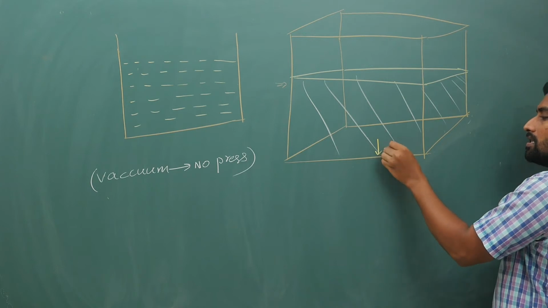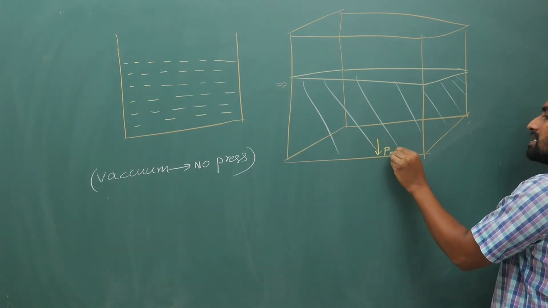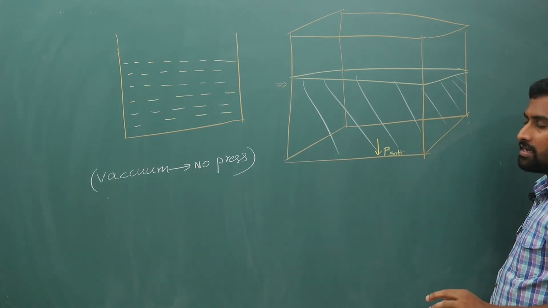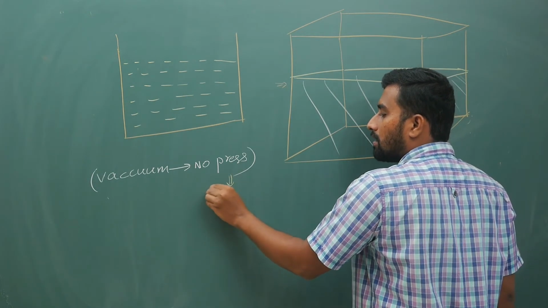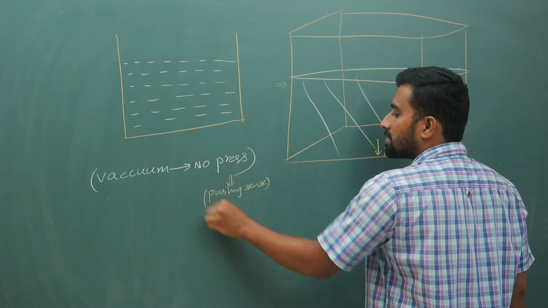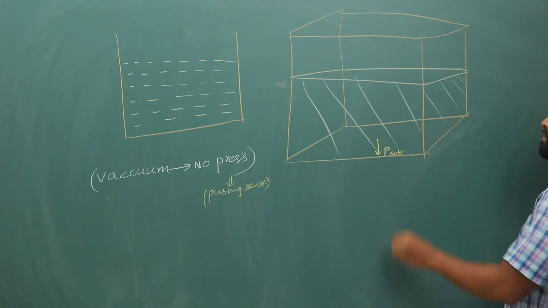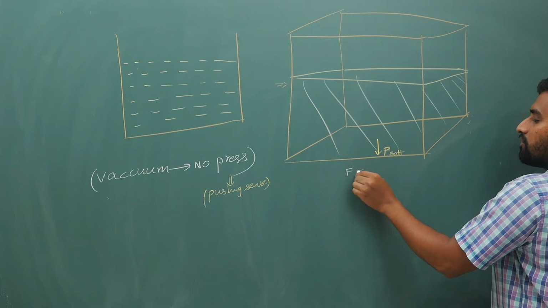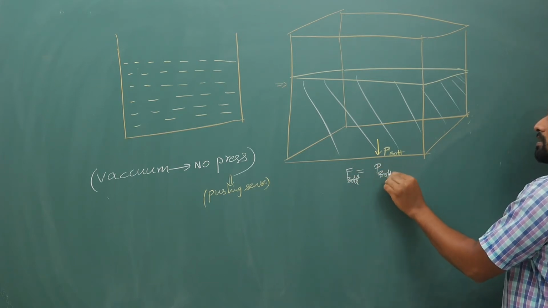Now if you take this container, because of the top part of the liquid, on the bottom region your pressure will be acting this way. Pressure does not have any direction. Pressure will usually be in a pushing sense. So the top liquid will push the surface downwards, that means force on bottom is pressure at bottom into area.